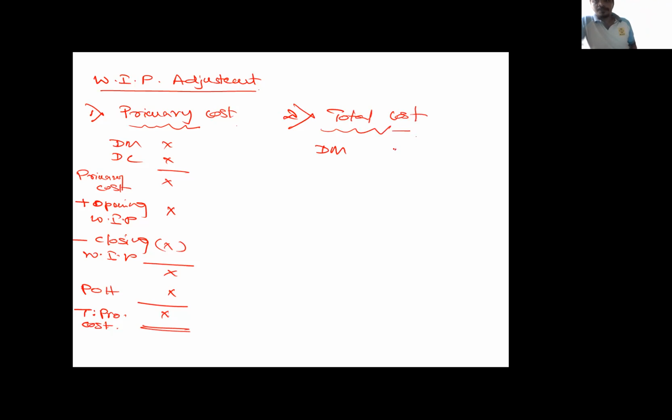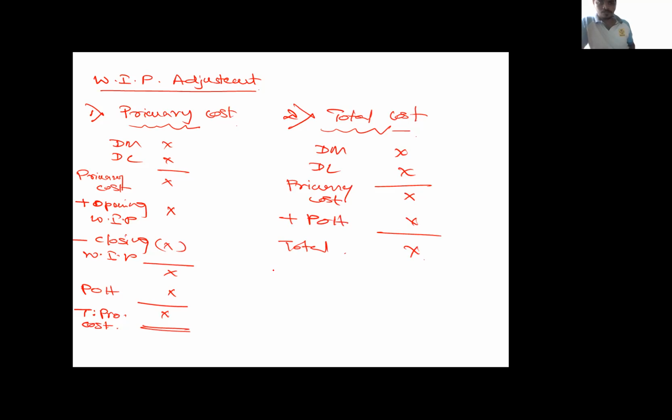First of all we have to calculate the total cost, direct material, direct labor, that is known as primary cost. Then we need to add production overhead cost, then we can get the total.